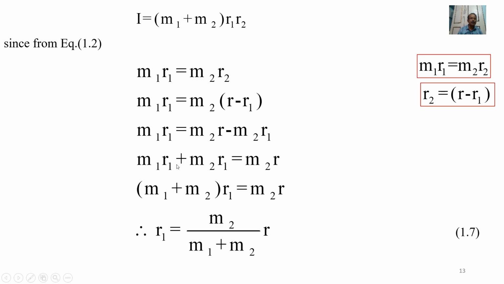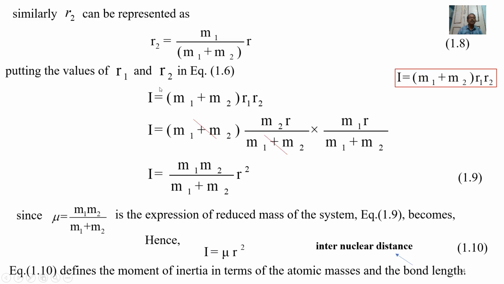We'll have M1 R1 plus M2 R1, which is equal to M2 R. So taking the common term R1 out, M1 plus M2 times R1 equals M2 R. Therefore R1 is expressed as M2 divided by M1 plus M2 times R. Similarly, one can get the expression for R2: R2 equals M1 divided by M1 plus M2 times R.